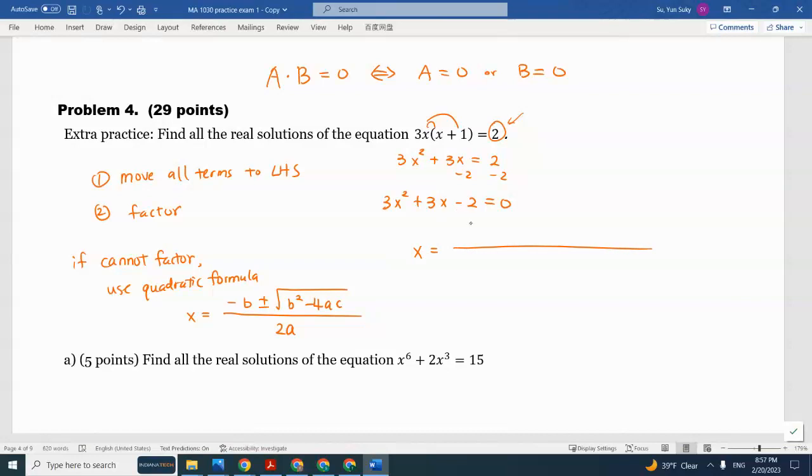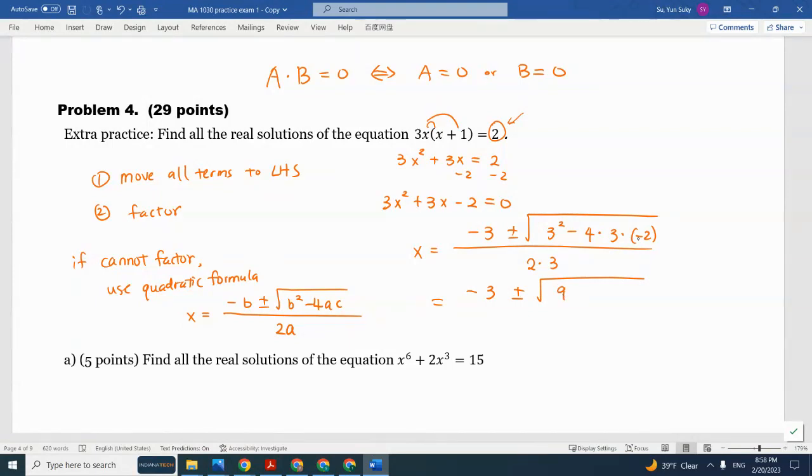So negative b is -3, plus or minus the square root of b squared, 3 squared, minus 4 times a, where a is 3 and c is -2, all over 2a, where a is 3. And then -3 plus or minus, here 3 squared is 9.